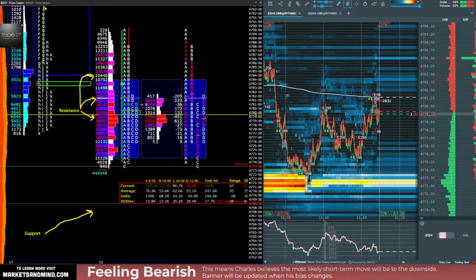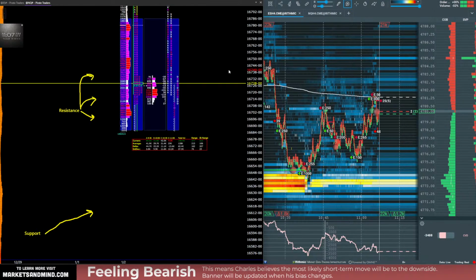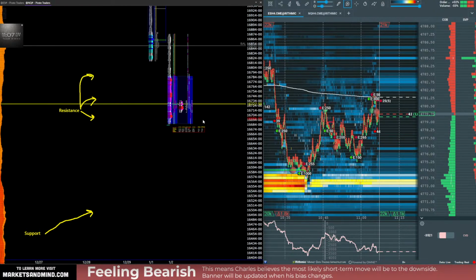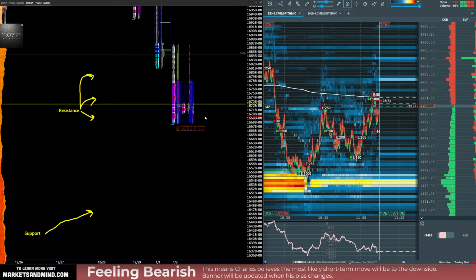DNK says NQ had cessation. NQ had cessation. You are right. Well, that's interesting. Again, please remember the NQ and the ES are different markets and they do their own thing.